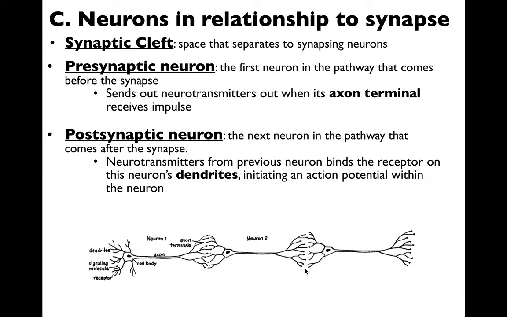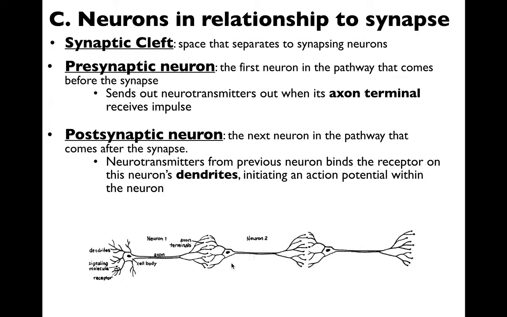However, if I'm looking at this synapse over here, and again, my signal is going down this way, then neuron 2 is the presynaptic neuron for this synapse, and this neuron over here is the postsynaptic neuron. So it's relational to whatever synapse you're looking at.